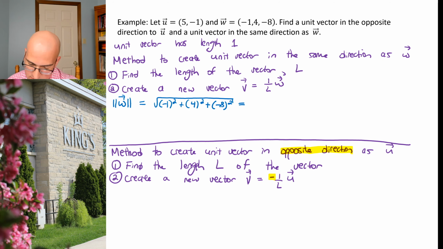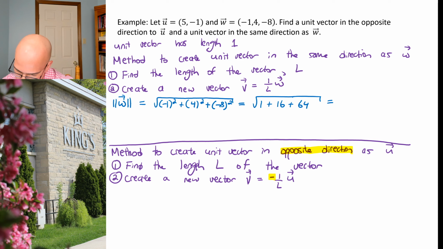So the square root of 1 plus 16 plus 64. That's the square root of 81, which is 9.